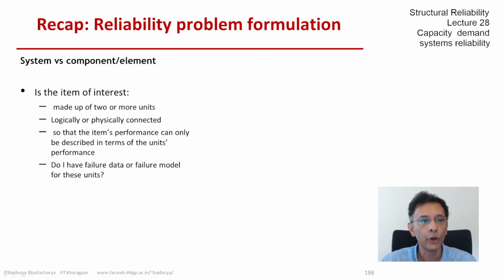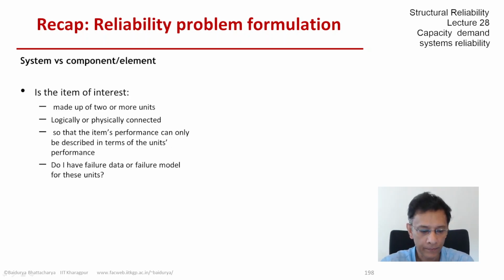Then we also mentioned systems. So let us again recap how we defined what a system is as opposed to a component or an element. Is the item of interest made up of two or more units that are logically and physically connected, so that the item's performance, whether it's functioning or not, whether it's failed or not, can only be described in terms of the units' performance?